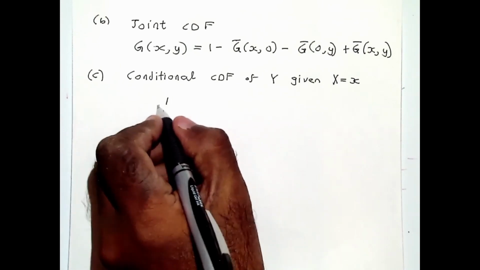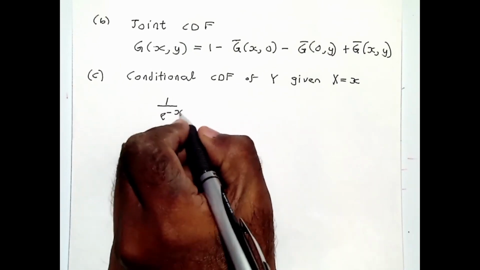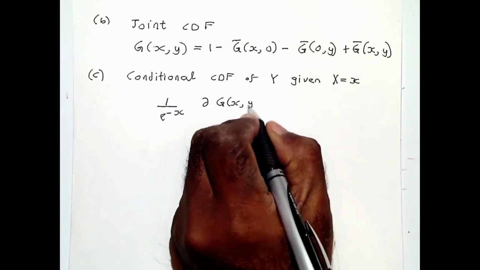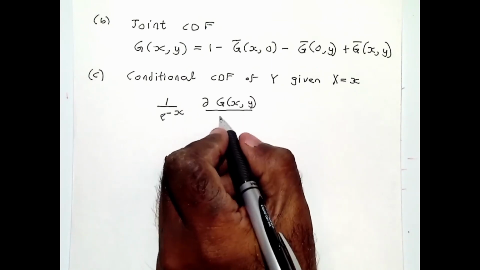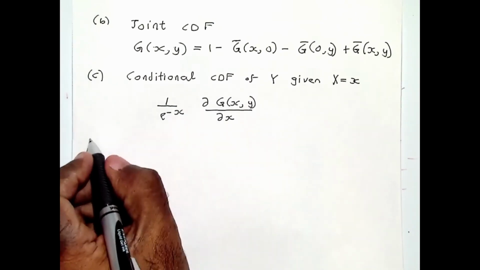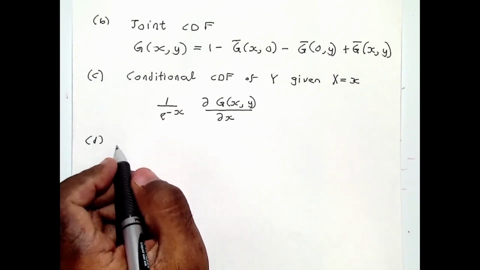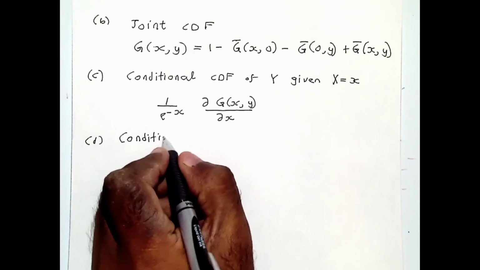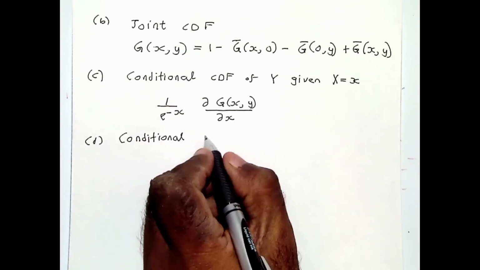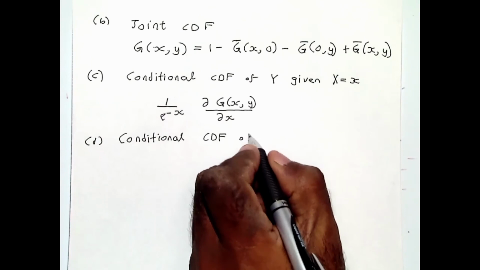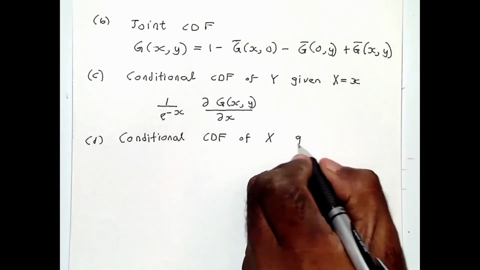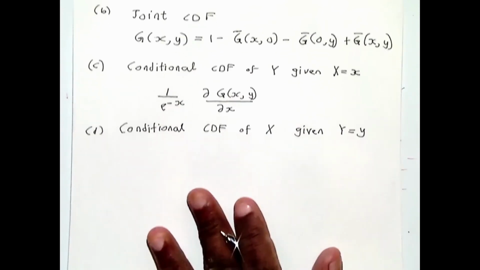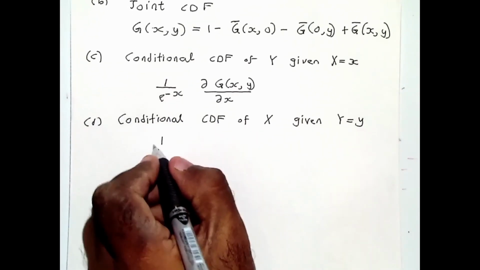You will use 1 divided by e minus x times the partial derivative of the joint CDF with respect to x. Part D is to find the conditional CDF of x given y equal to y, and to find this you will use the following formula.